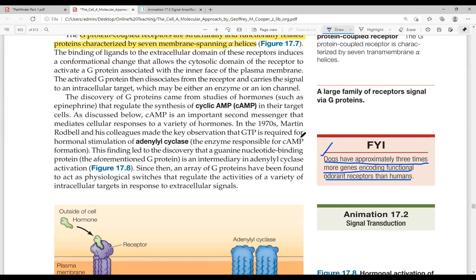So this is very important. That is why a dog can sense specifically which receptors are present and how these receptors bind to specific molecules.